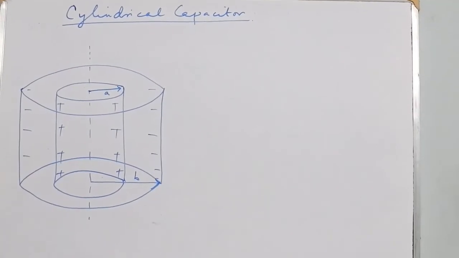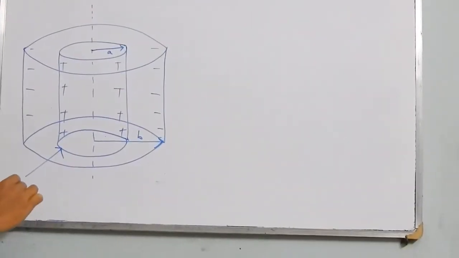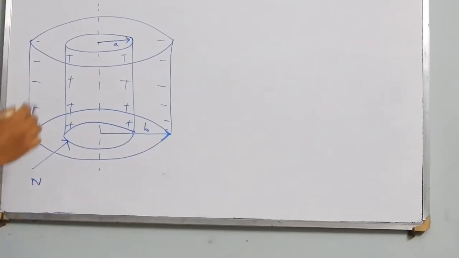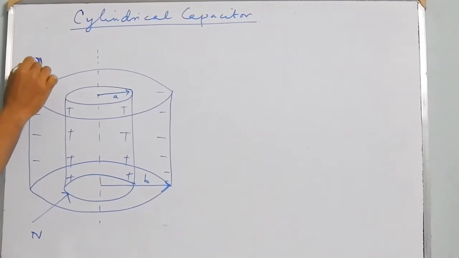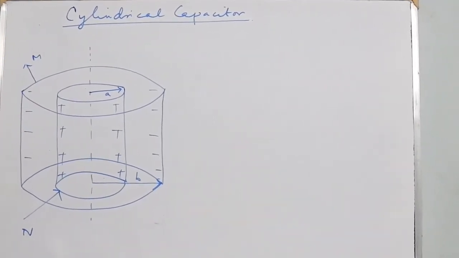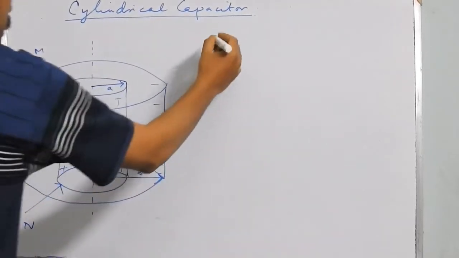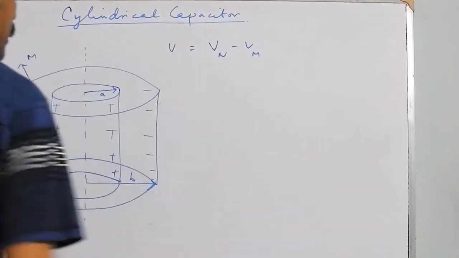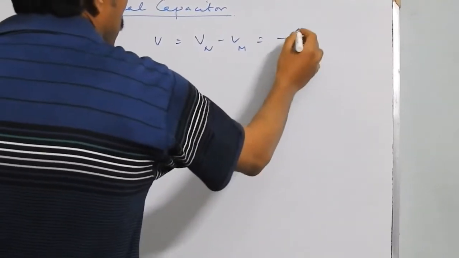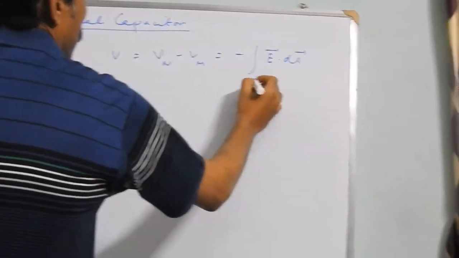So again, let me call the inner cylinder M and the outer cylinder N. So we have to calculate the potential difference between the plates, that is Vn minus Vm, which we shall call V, and that will again be the negative of the line integral of E vector from M to N.